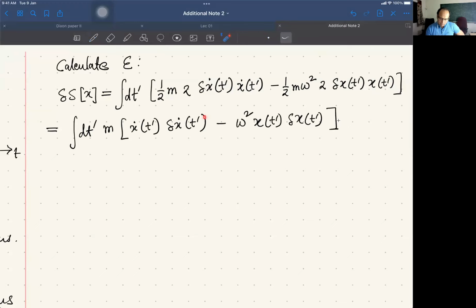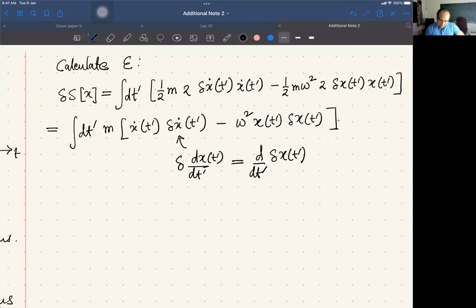Now, what is this object? This is the variation of the time derivative, the variation of dx/dt'. But variation and time derivative are two independent operations, so it is the same as d/dt' of delta x(t').